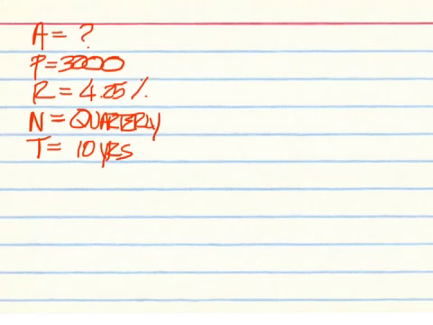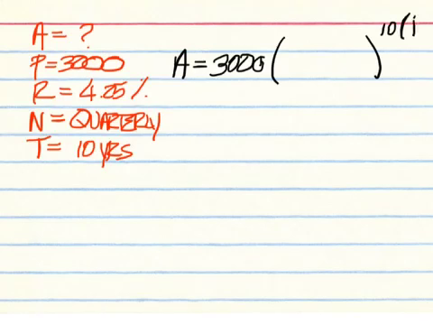Okay, so just set it up. You're going to have A equals 3,000 times the quantity to the 10 times the quarterly number. If I'm compounding something quarterly, how many times is it compounded? 4.